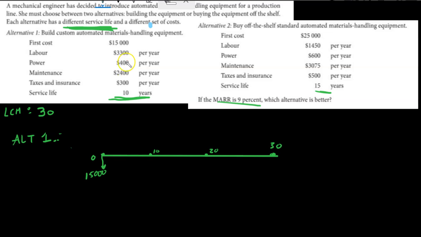And we have labor, which is a payment. Power is a payment. Maintenance is a payment. Taxes and insurance is all payments. Adding these 4 together, we should get 3,700, 57, 6,100, 6,400. That will be paid per year, 6,400. So it's a payment, and it's annual. So let's just say we've gone annually here.